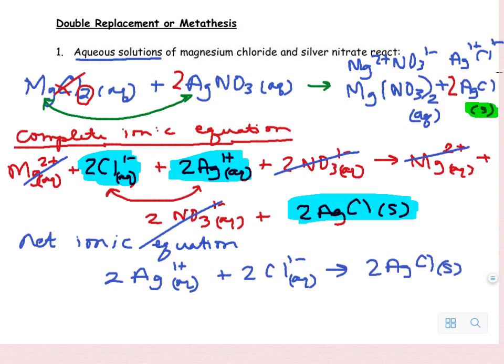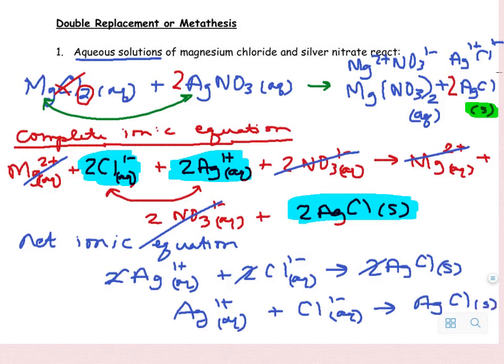And then if you're thinking ahead to basic math skills, the 2's can all reduce, and you would get pretty much for every 1 silver ion that's in solution, aq, you need 1 chloride ion in solution to produce 1 silver chloride formula unit as a solid. And that last one is your net ionic equation, your final net ionic equation.